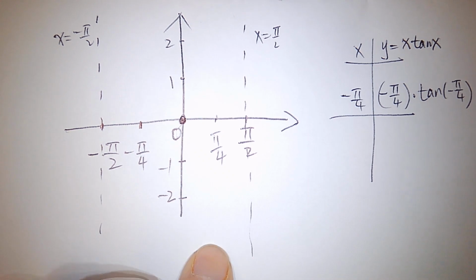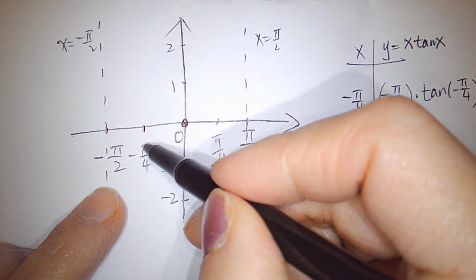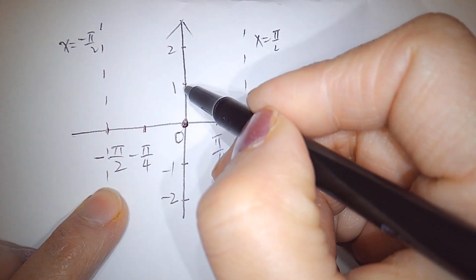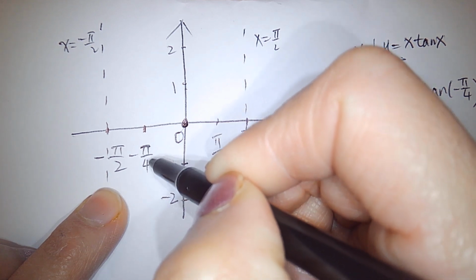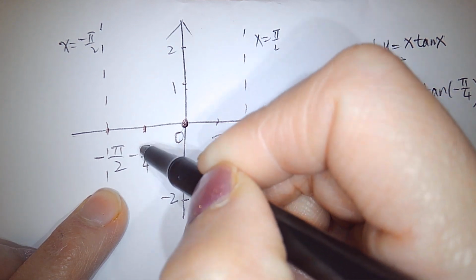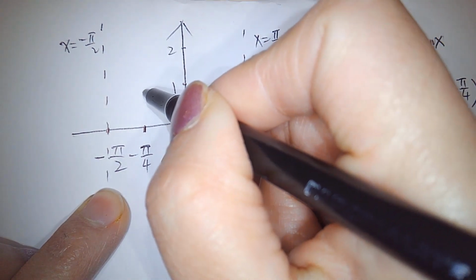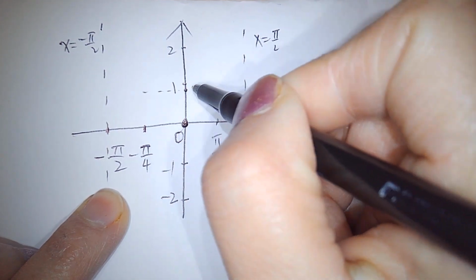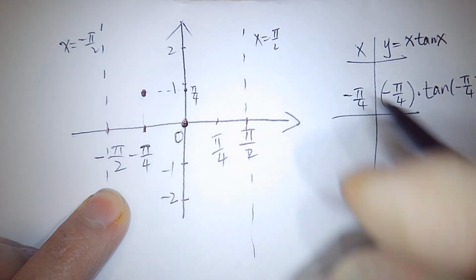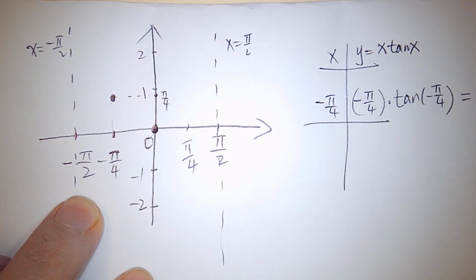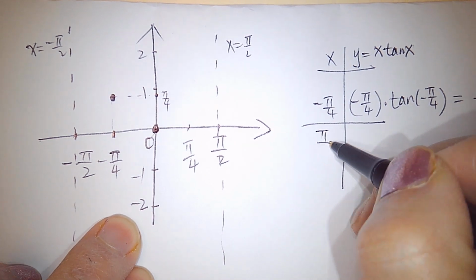So negative pi over 4. Where is pi over 4? Pi is 3.14 divided by 4, slightly less than 1, right? So I will say this is positive pi over 4, and the point is here. How about when x equals pi over 4?